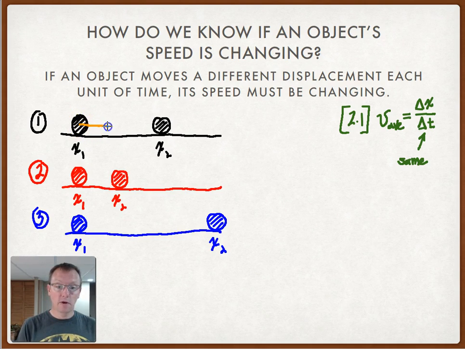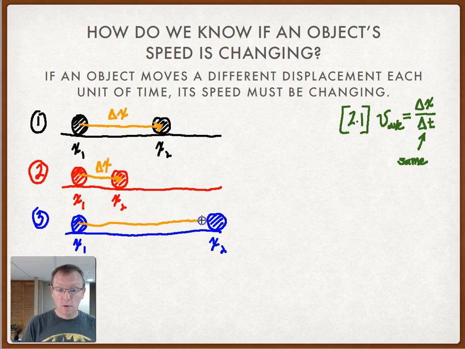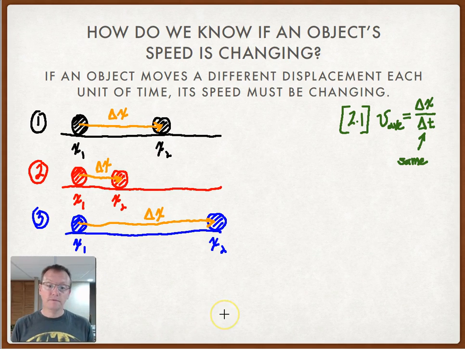So I'm going to go ahead and draw, like so, the delta x for this black drawing right here. Here's the delta x for the red drawing, the displacement there. And here's the delta x for the blue drawing. Not my best arrow ever, but that's okay.